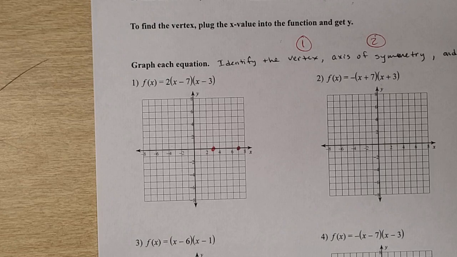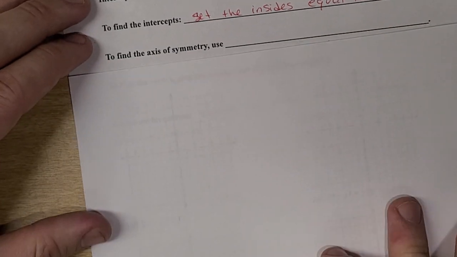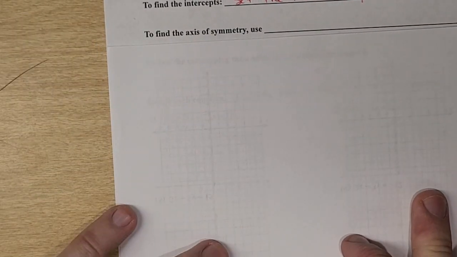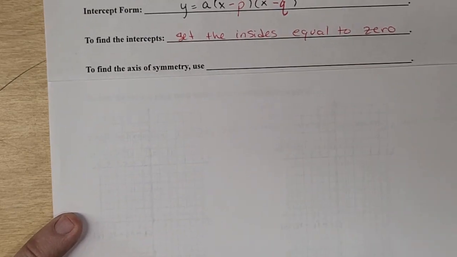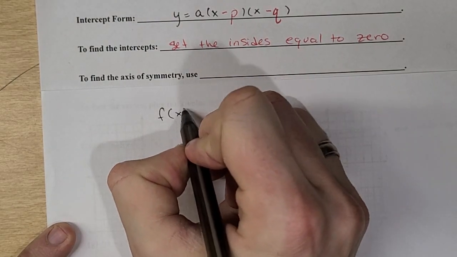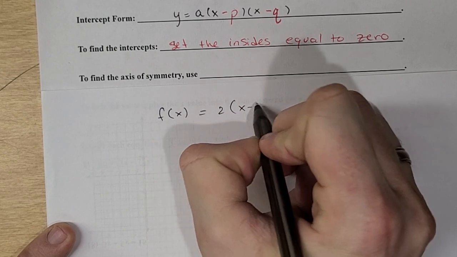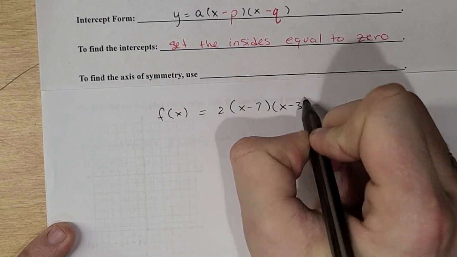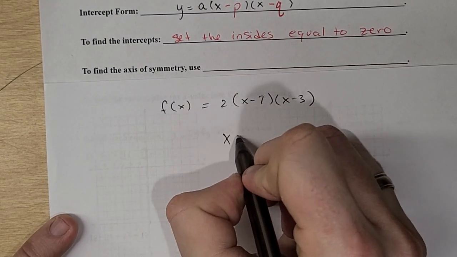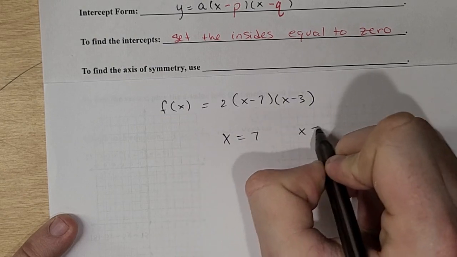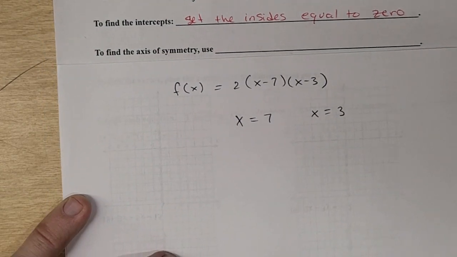All right, now, so we found the x-intercepts. Done. Let's go to the next thing on here. I'm going to find the axis of symmetry. So f of x equals 2 times (x minus 7) times (x minus 3). And then we found that our x-intercepts were at 7 and 3. Very important.